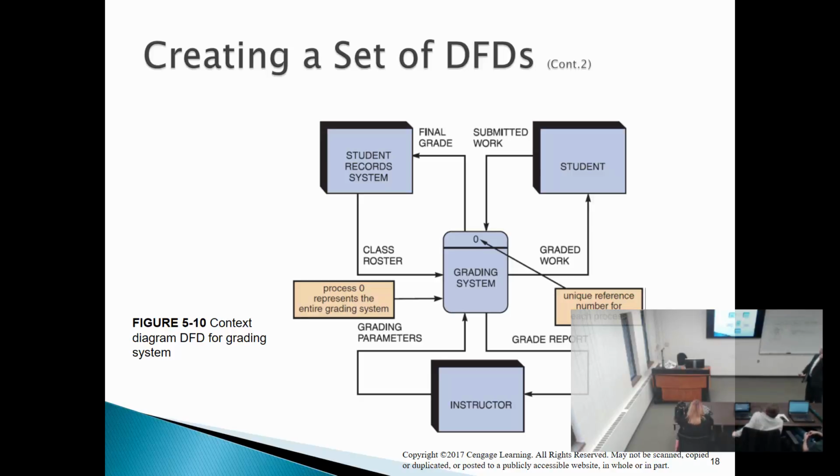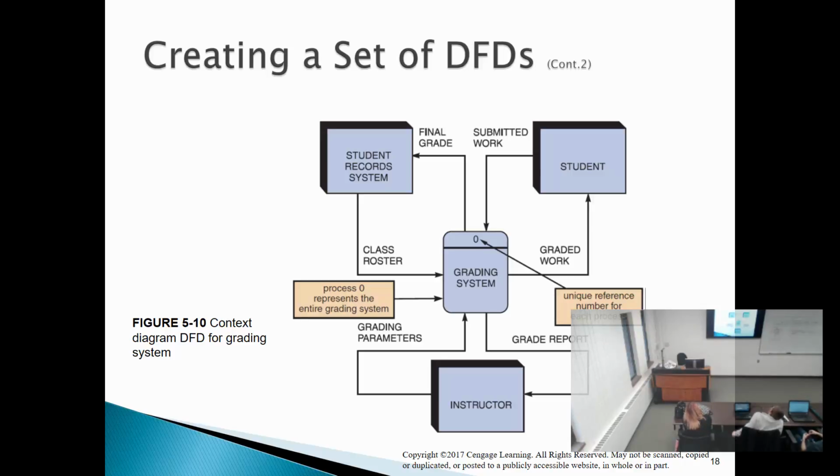Okay, what are external entities here? There are 3 of them. Student, instructor, and student record system. Okay. Are there any data stores? No. Not at this level. We don't illustrate them.